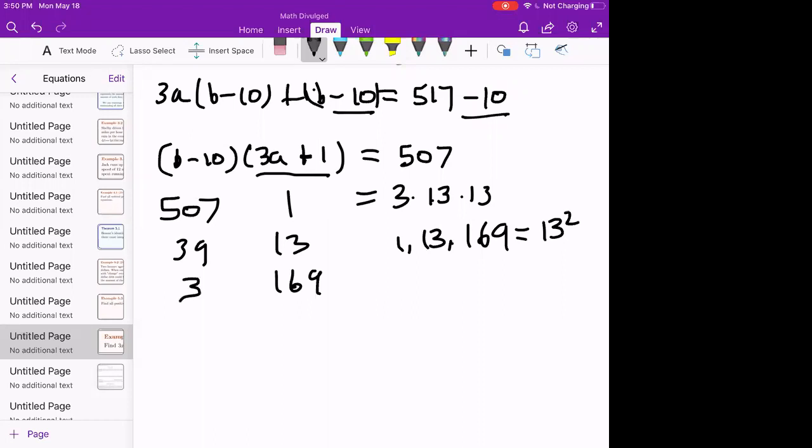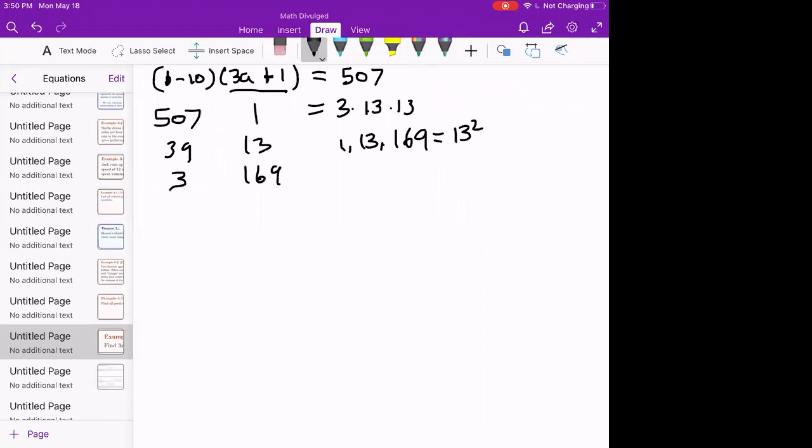And so this gives us 3 different values for b. This first case will give us that b is equal to 517.